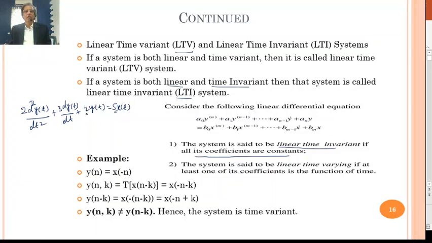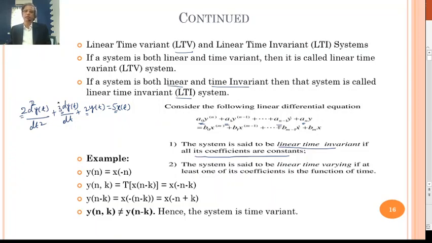Here all the coefficients are constant. This is the general form of the differential equation, where a0, a1, ..., an-1, an are the coefficients. If these coefficients are constant, then the system is a linear time invariant system.